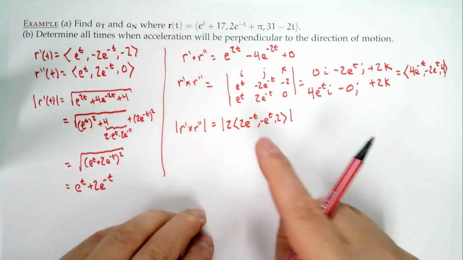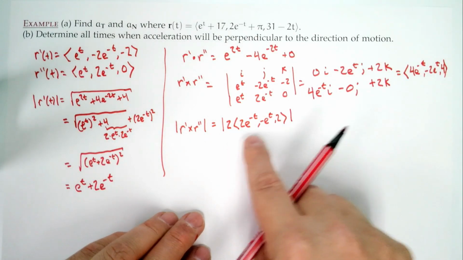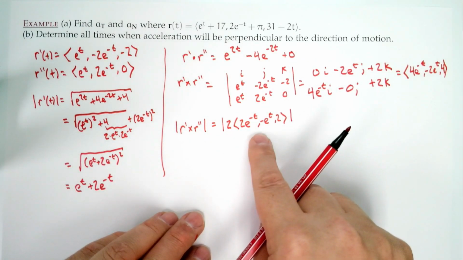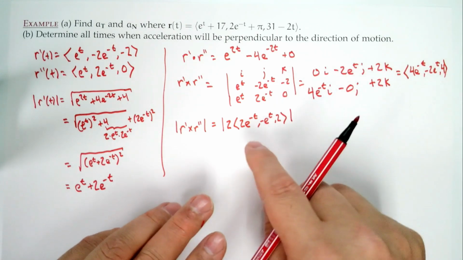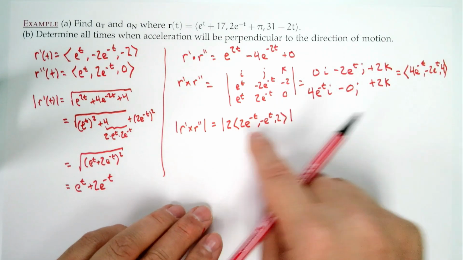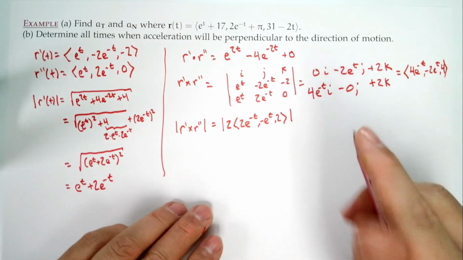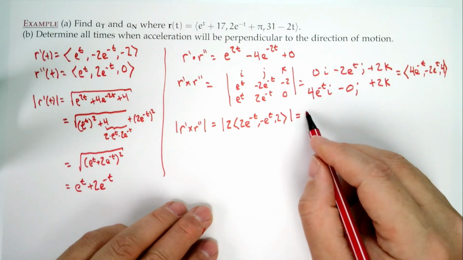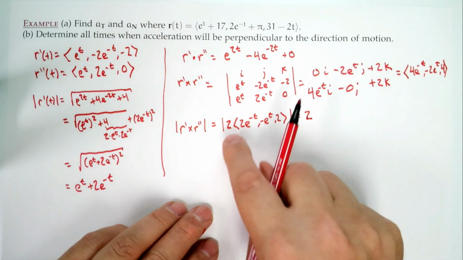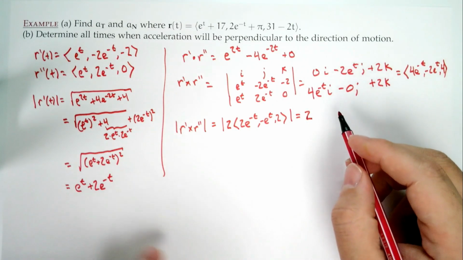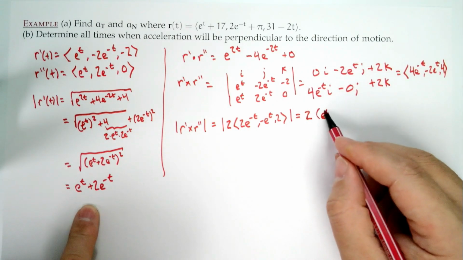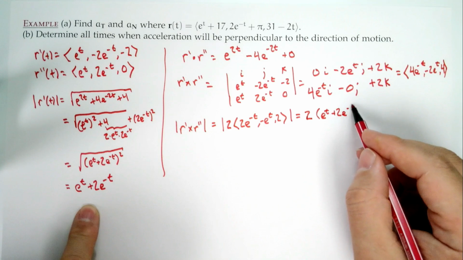So really, this is like you took the r prime, but you kind of jumbled it up a little bit. Not much, but just enough, and negated things. Well look, doesn't matter the order, doesn't matter the negation. So it turns out, this is going to be the same as just the 2 from here, times this same expression, e to the t plus 2e to the negative t.